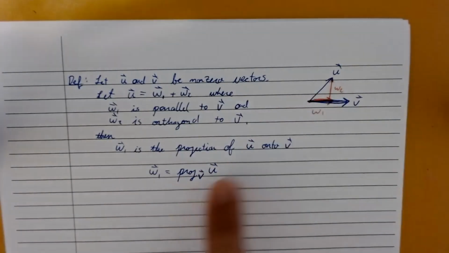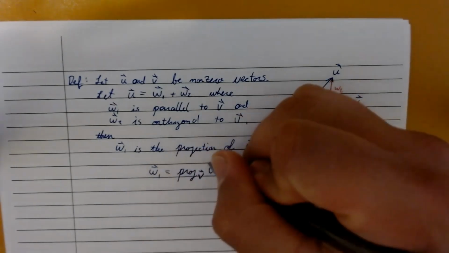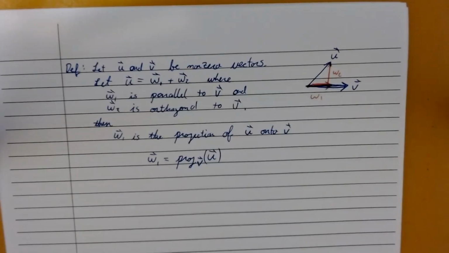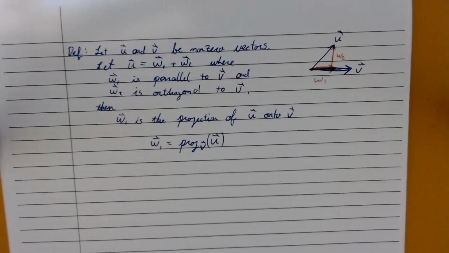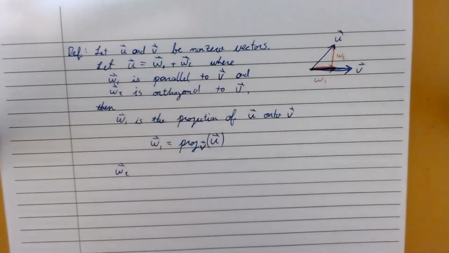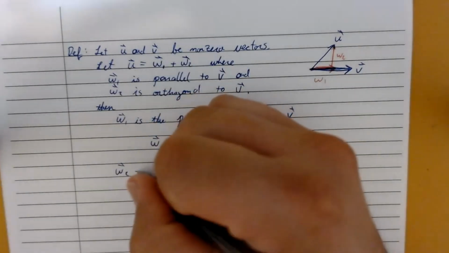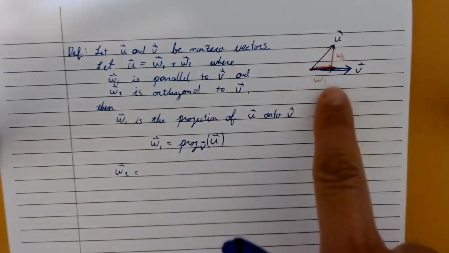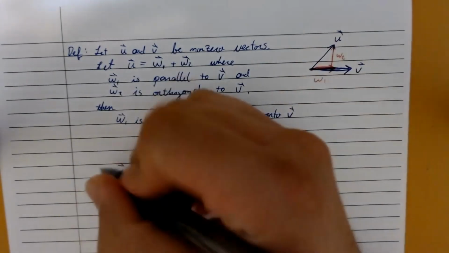The subscript is the one you're projecting onto. u is the one that's doing the projecting. Like this. So w1 is the projection of u onto v. Meanwhile, w2 also has a name. w2, which is really just u minus w1, this one is left over.